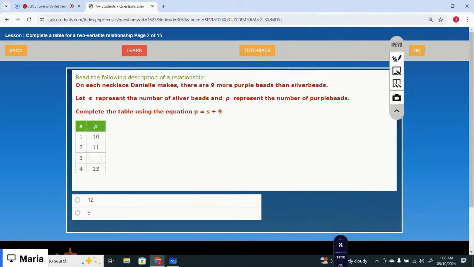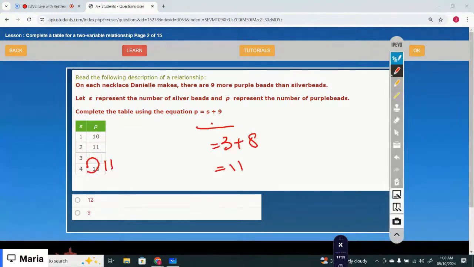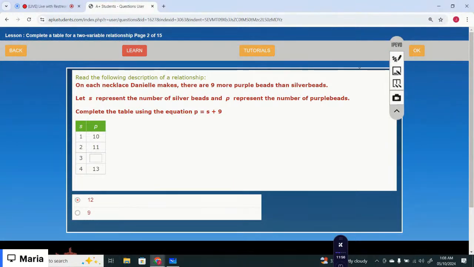You are given the table, and you need to find the value of P when S equals 3, right? So replace the S with the value. S is 3, so 3 plus 9 is 12. So the correct option is 12. Option number 1 is the correct option.